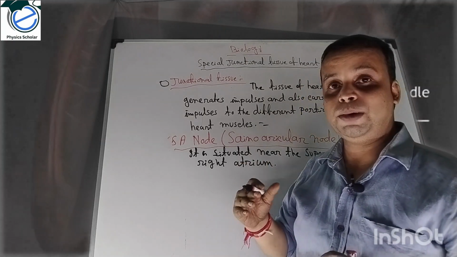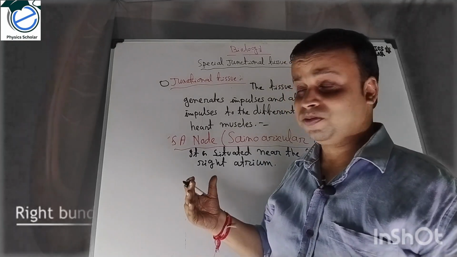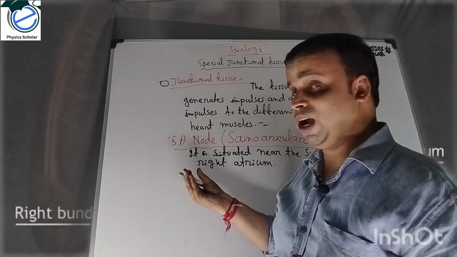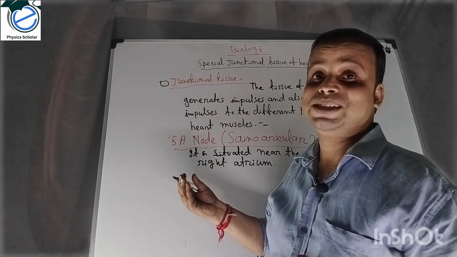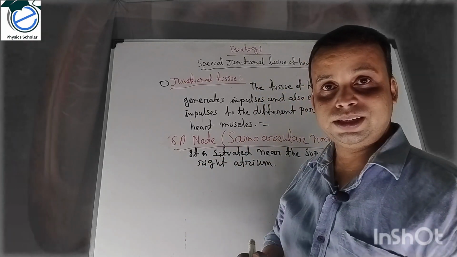The amount of sarcolemma is more than the myofibrils, which are less in this particular type of heart muscle.